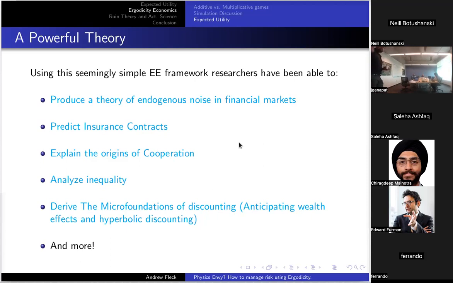For us in particular, they have a great paper on the micro foundations of discounting. They have different dynamics that each agent is exposed to, and then they find out what the discounting function is. Dr. Furman, you were talking earlier about how you discount, like what interest rate. They were saying that depending on the wealth dynamic we show them, agents can actually change how much they discount by.